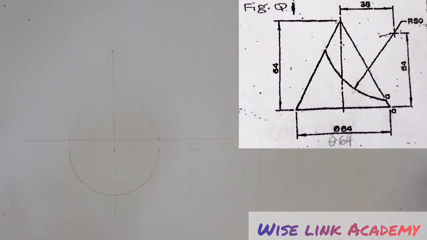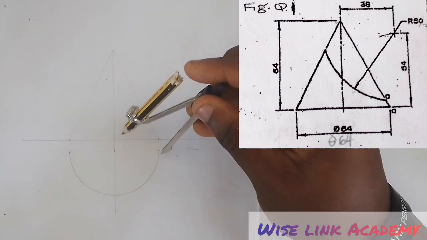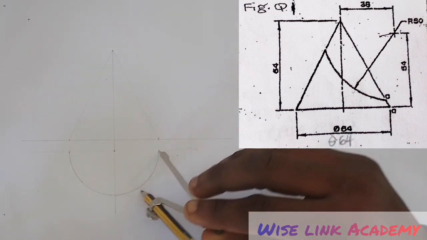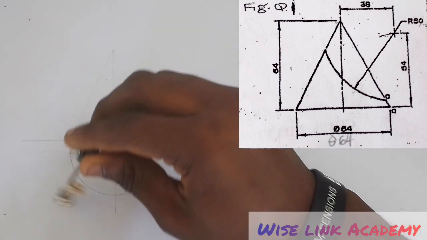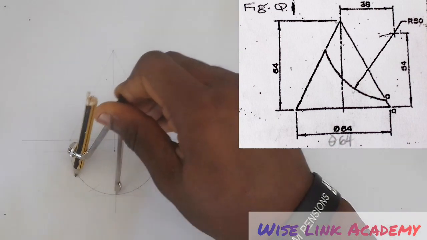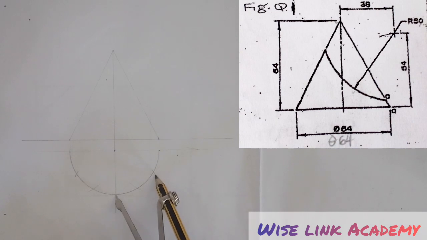Next up, what we do now is to divide this into 6 equal parts. How do I go about that? I take my measurement from this point to this point, right? I'll cut an arc here, come to this point here, strike an arc, come to this edge point, an arc, and then an arc.